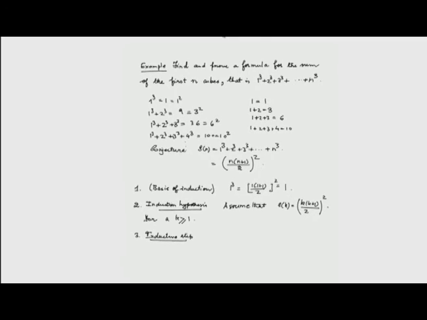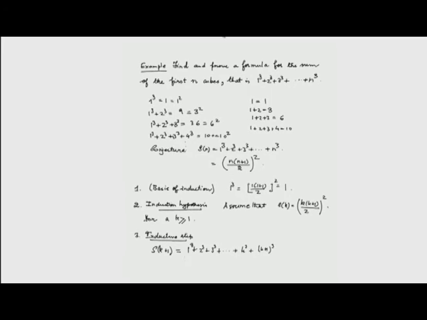Again, like before, we consider k plus 1. So, if I have S_(k+1) and write explicitly the sum, I will get 1 cube plus 2 cube plus 3 cube and so on up to k cube plus k plus 1 cube.